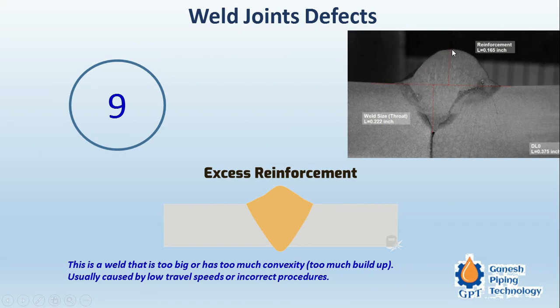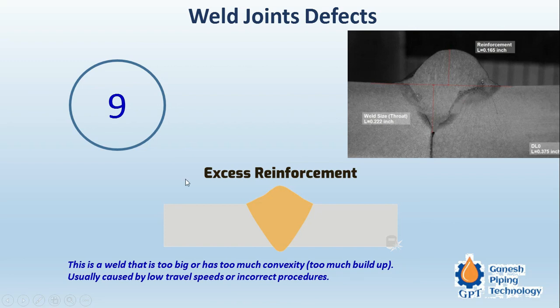The welded material has come out, and where it is required, it has not penetrated. This molten metal should penetrate inside the base metal so that we get a homogeneous joint. But here it has not penetrated. Instead, it has formed a convex surface like a mountain, and because of this the weld may break easily at this particular portion, and this material will get easily separated from the joint.